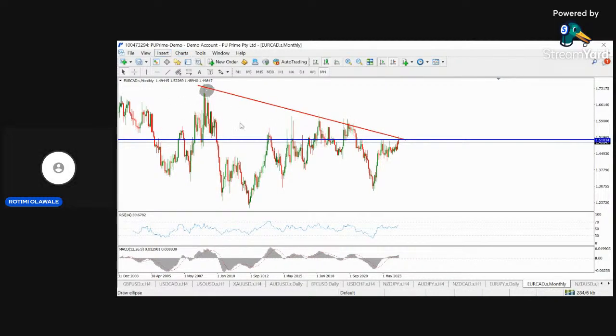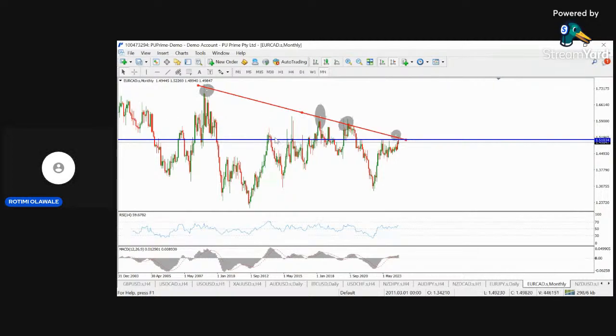Another downtrend, another downtrend right here. So price has been moving in a downtrend right from the monthly time frame up to this current point.